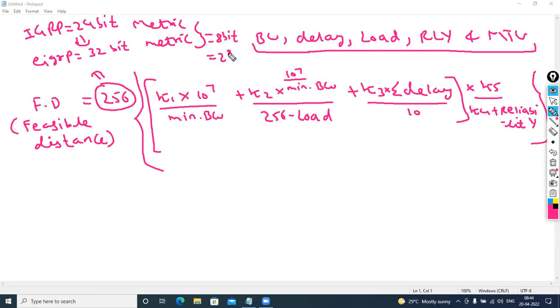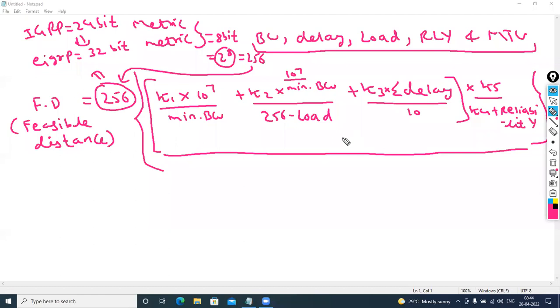So we multiply by 2 to the power of 8, that is 256. So this is the formula it uses to calculate the best path. These are K values. I'll talk about these K values.